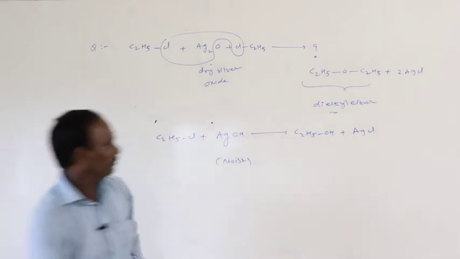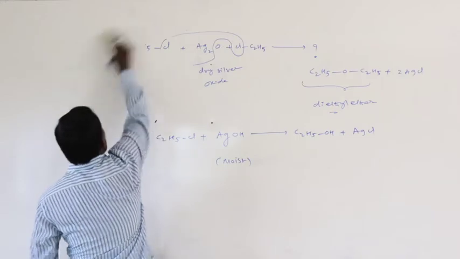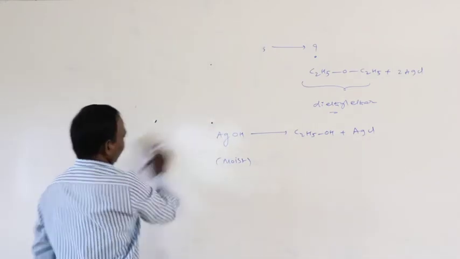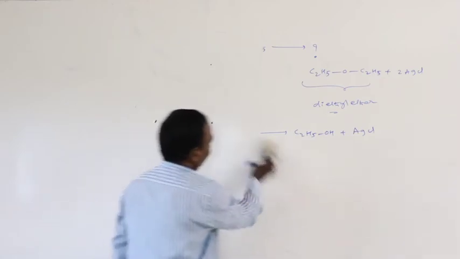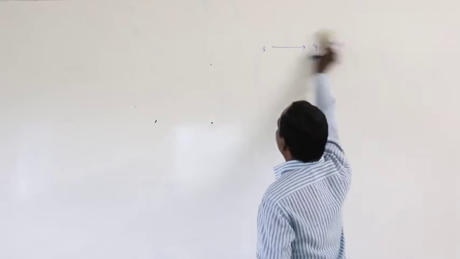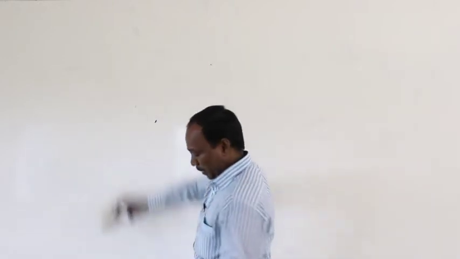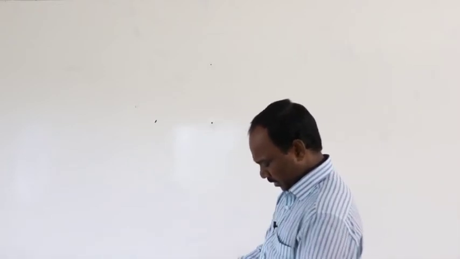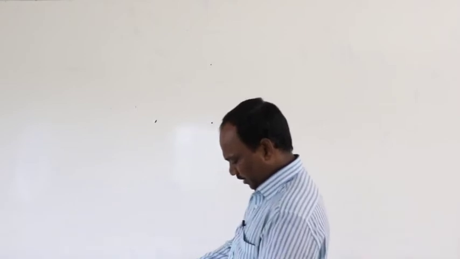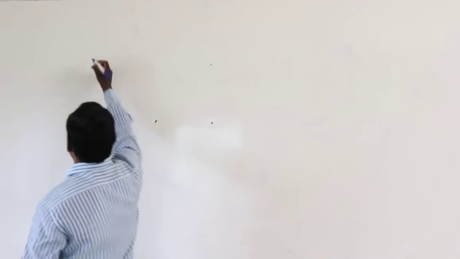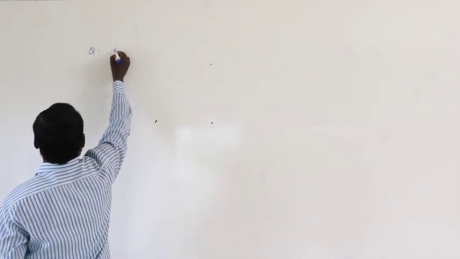Right. And one more important bit. C2H5Cl plus KCN, ethyl chloride.